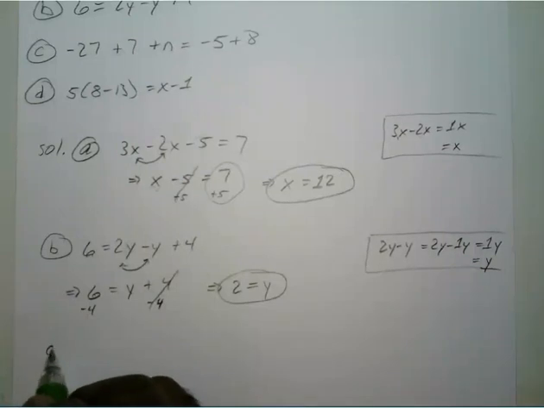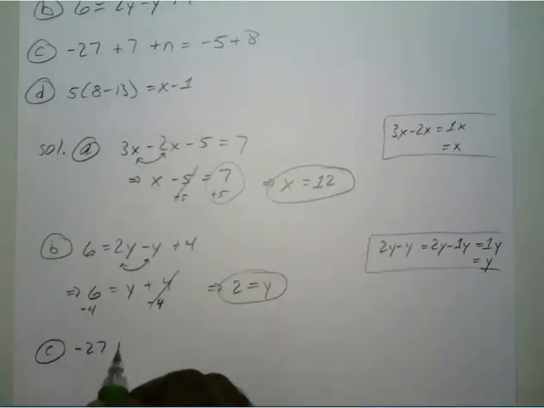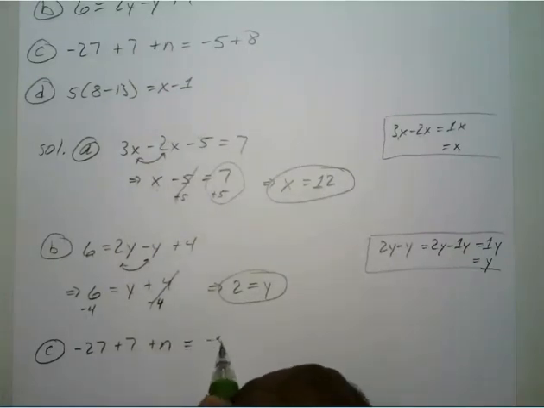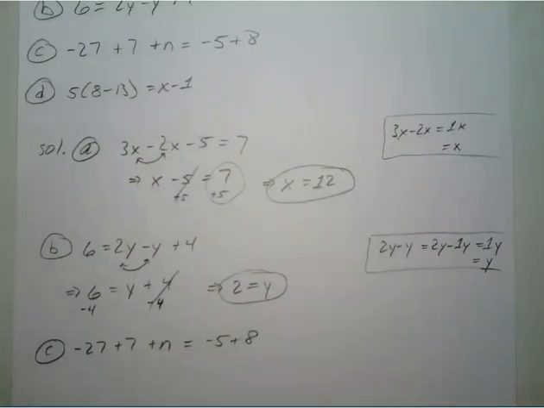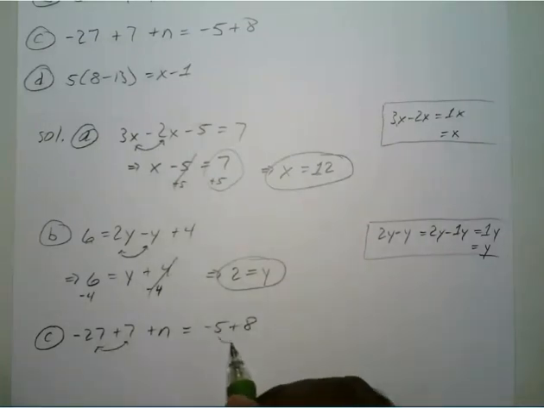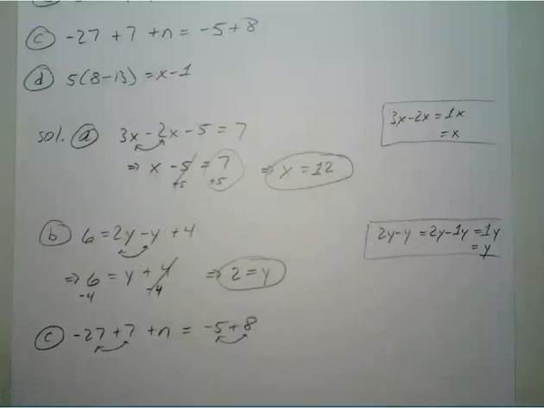Okay. So for problem C, we have negative 27 plus 7 plus n equals negative 5 plus 8. Okay. So first, again, we're going to combine the like terms on both the left and the right side. So for this one, we can combine those two, and on the right side of the equal sign, we can combine those two.